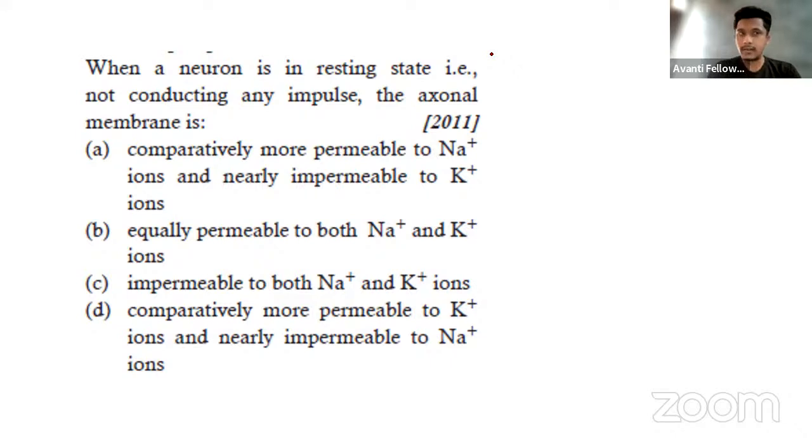So when a neuron is in resting phase, in a non-conducting phase, or it's not passing any impulse, the axon membrane. So you have your options. Please try to opt your options through the poll.